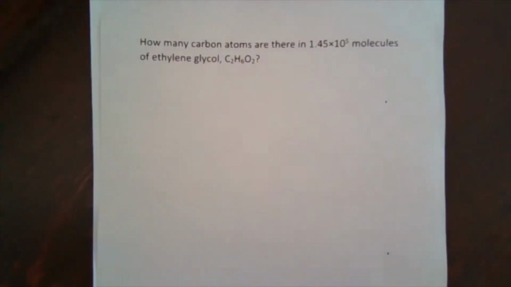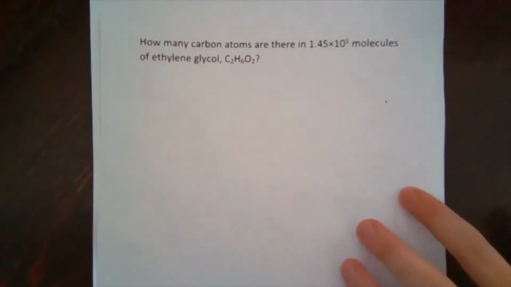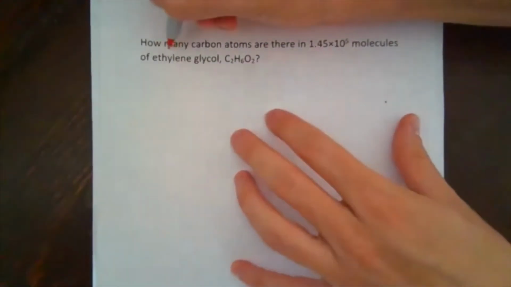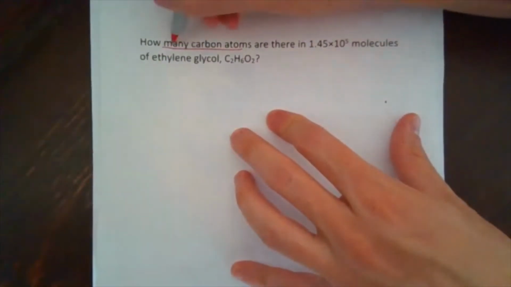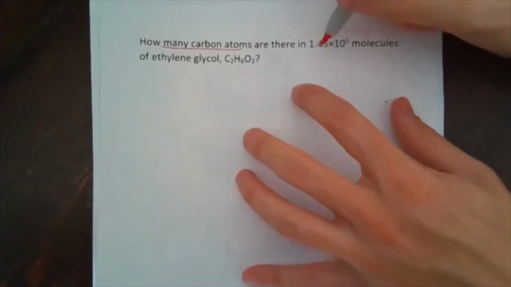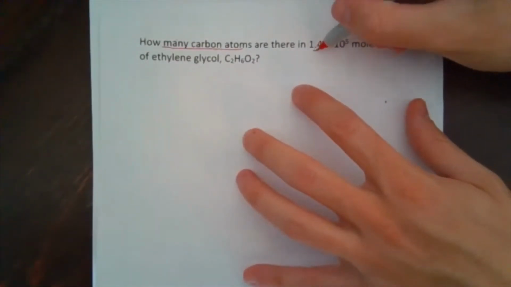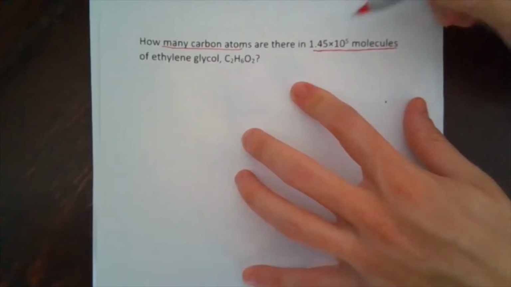How many carbon atoms are there in 1.45 times 10 to the 5th molecules of ethylene glycol? Molecular formula, C2H6O2. Again, what we want is carbon atoms. The words "how many" mean we're looking for a number of atoms, we're counting them, and we started with 1.45 times 10 to the 5th molecules.